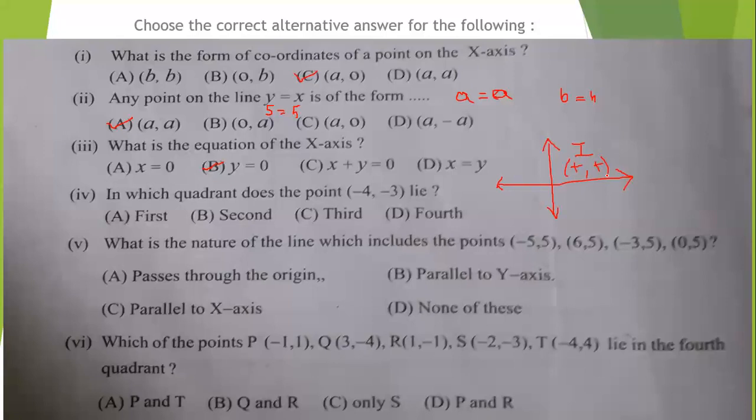Means both the coordinates, that is x coordinate and y coordinate, both are positive, right? Now, here we have the second quadrant and the signs are minus, comma, plus. You have to remember all these signs.